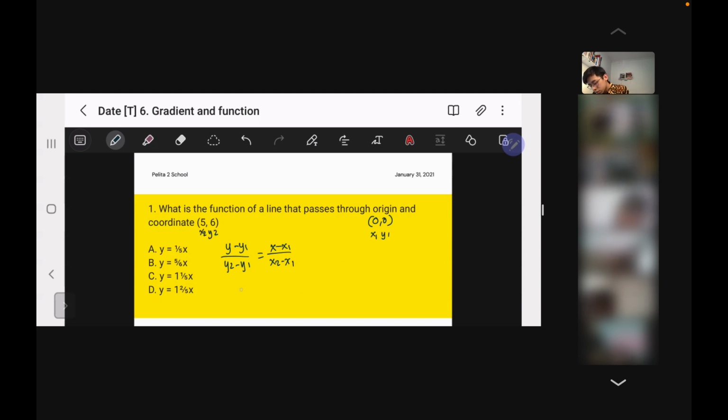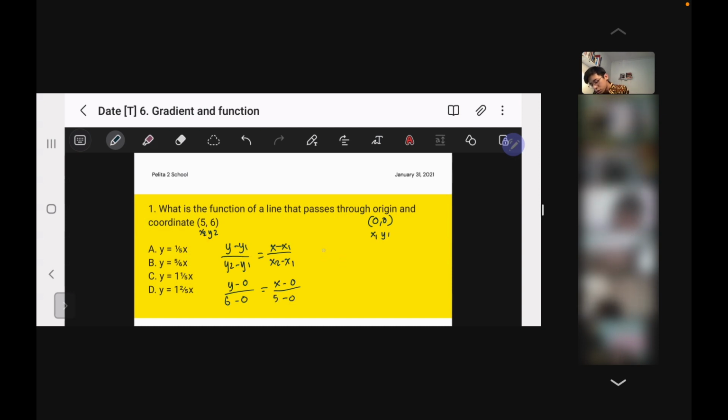So y minus y1, which is 0, minus 0, x minus 0 divided by x2 minus 0 as well, because that's x1. So y2 is 6, and then this is 5.